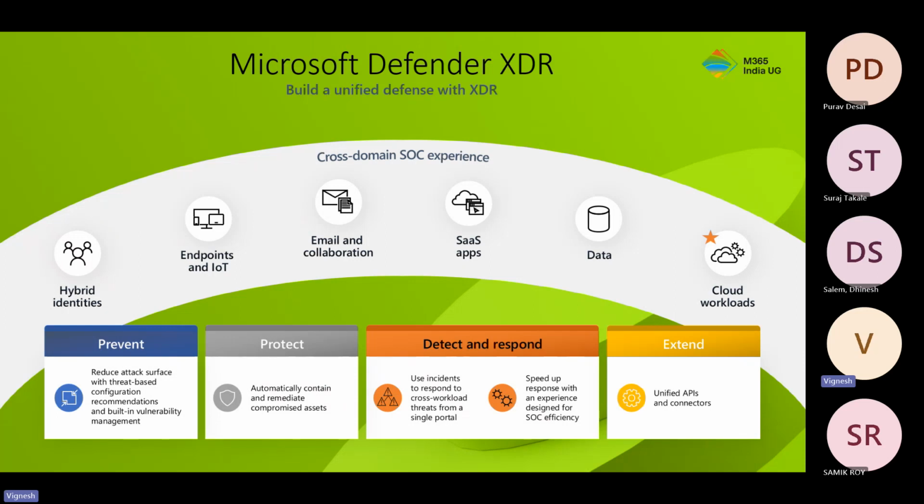It's a unified defense, is how we would call it. It helps you take care of the hybrid identities in your environment, both on-prem and cloud identities. It's also going to help secure the endpoints, workstations, mobile devices, tablets, IoT devices, pretty much anything that would be referred to as an endpoint.